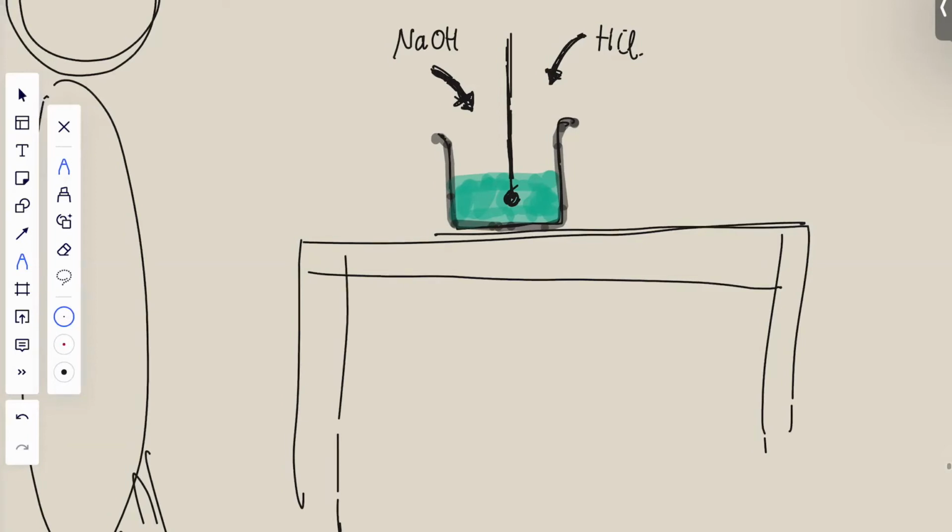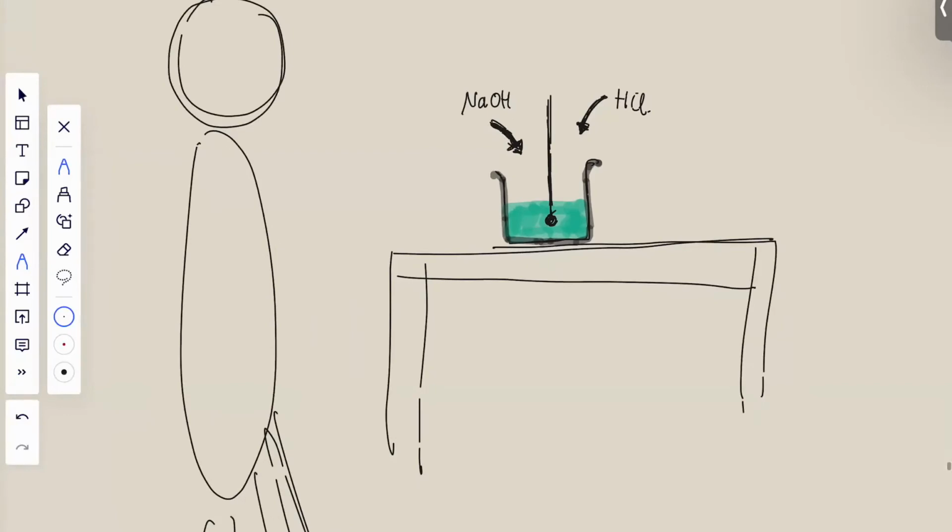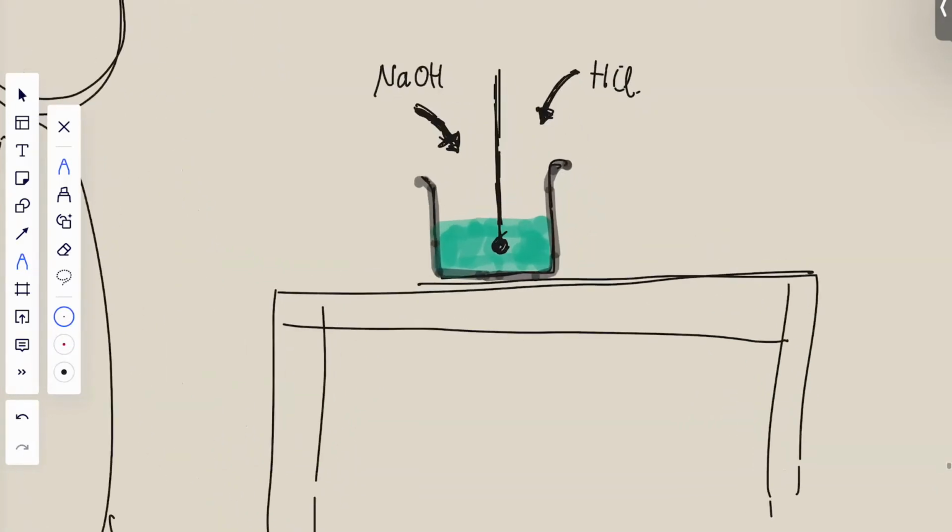So the focus today is this experiment that you're doing in the laboratory. So every object, the water, the NaOH, the thermometer, the beaker, the table, you yourself, you must be able to tell who is system and who is the environment. The water itself is system. System is the chemicals. The NaOH, system. So everything inside the beaker is the system.